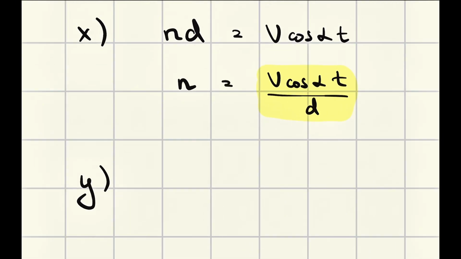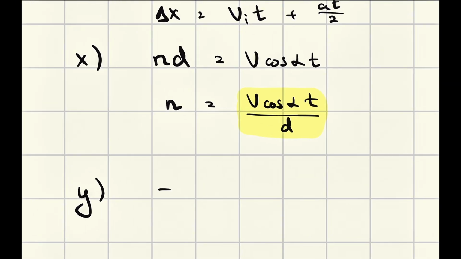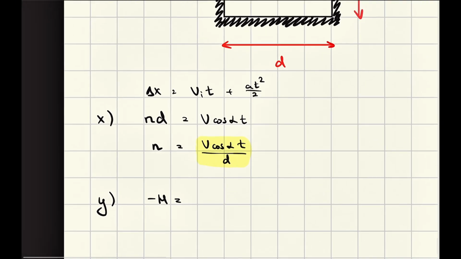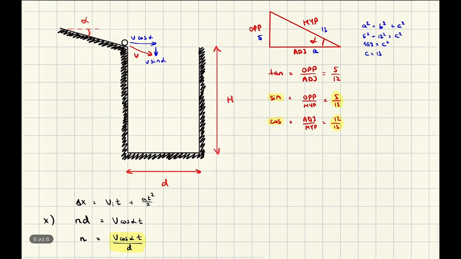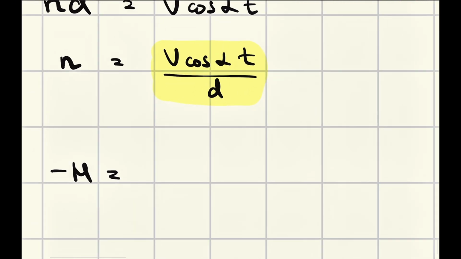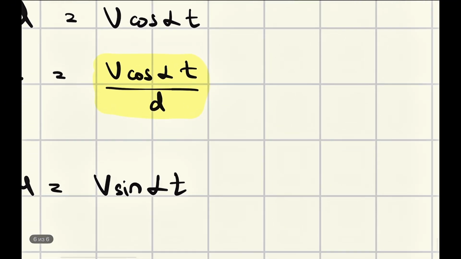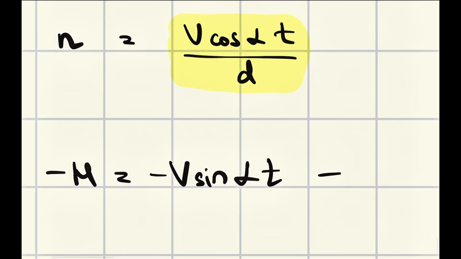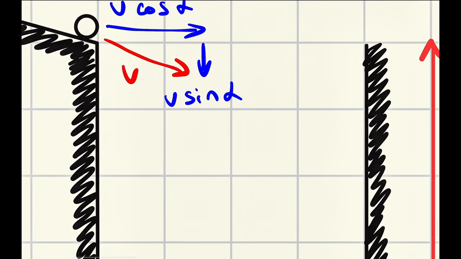So on the y-axis, delta y would be, as I've said before, minus h equals v initial, but the vertical one, which is v sine alpha t, and also we've got acceleration, but it's gravitational acceleration, and it is downward, and v sine alpha is also downward. As you can see here, it is directed downward, and velocity is a vector quantity.